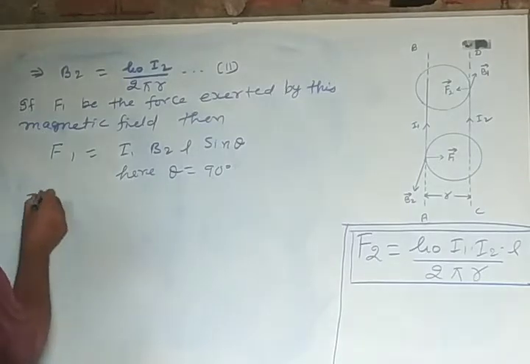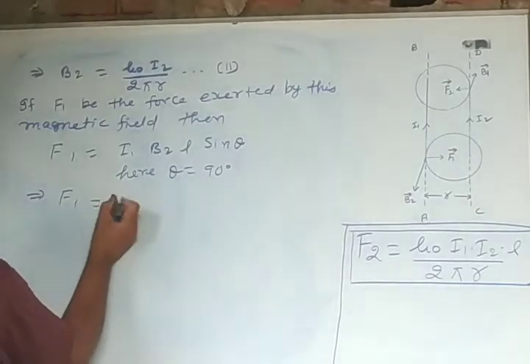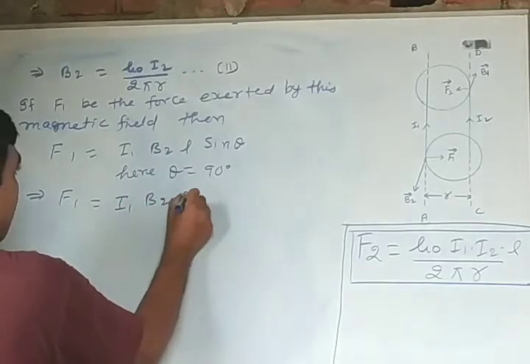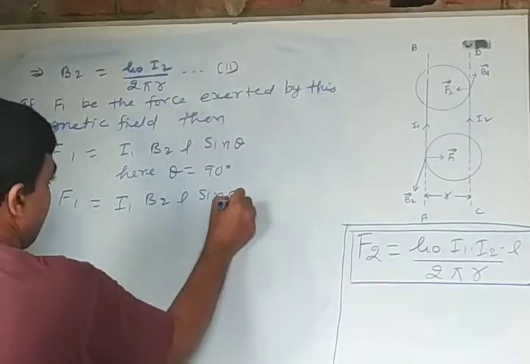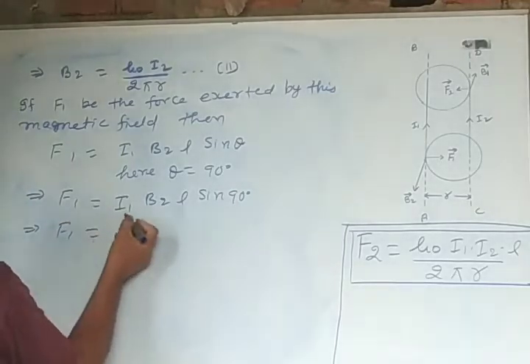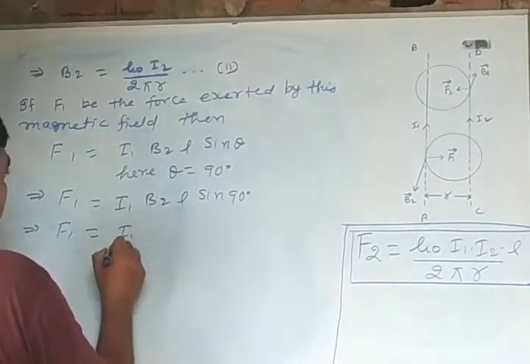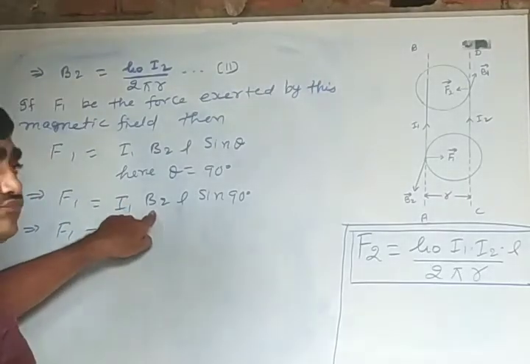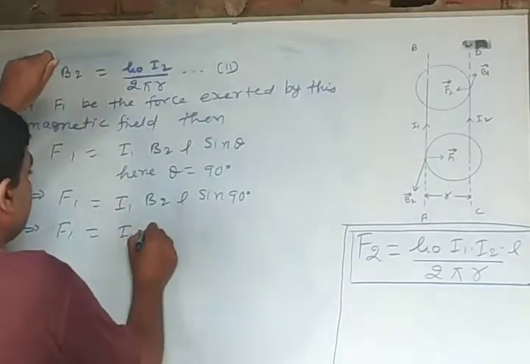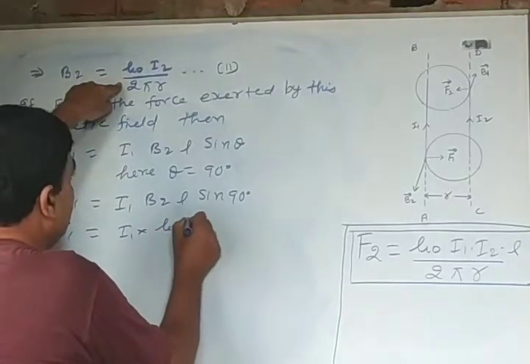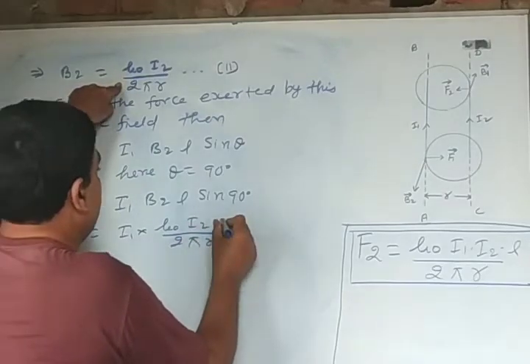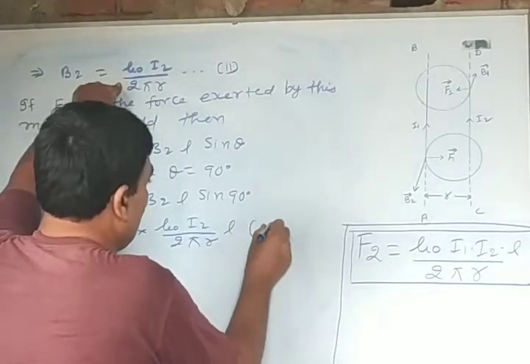That implies F1 is equal to I1 B2 L sin 90 degrees. We put the value of B2, that is mu naught I2 upon 2 pi r, L into 1.